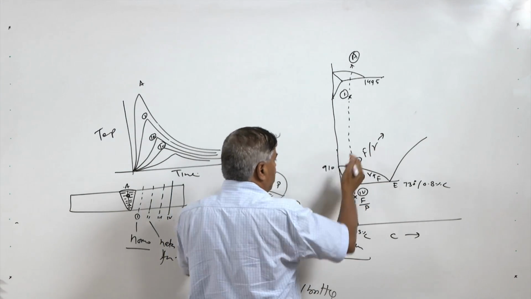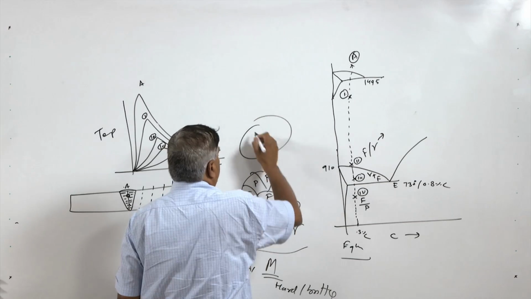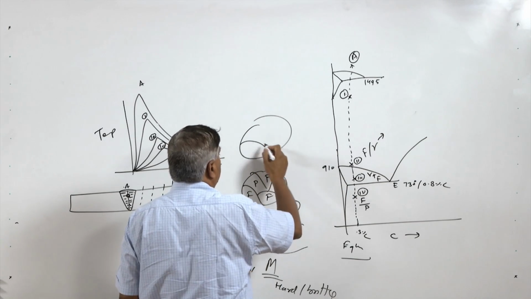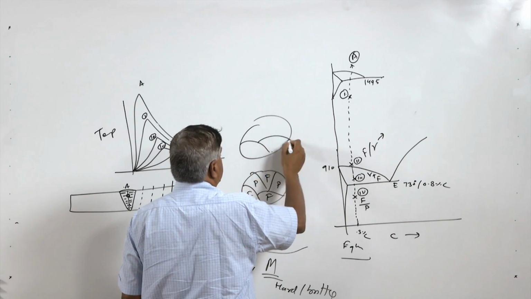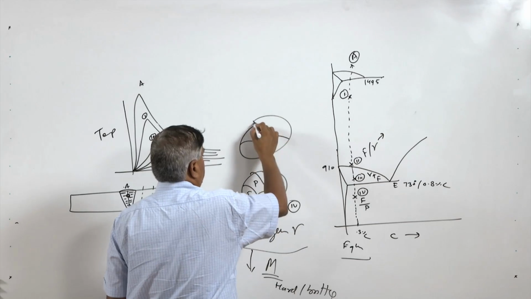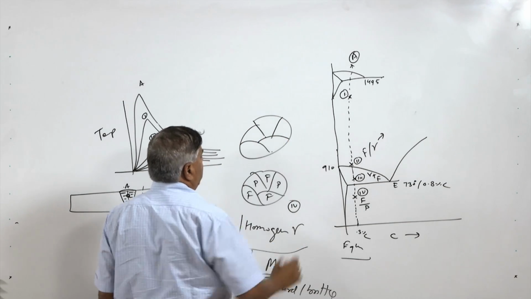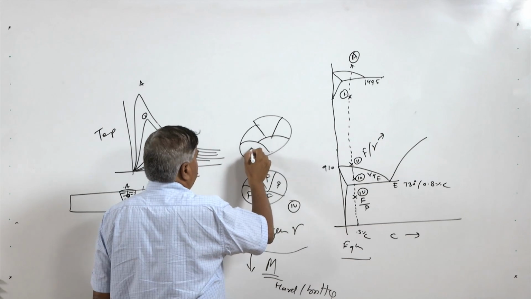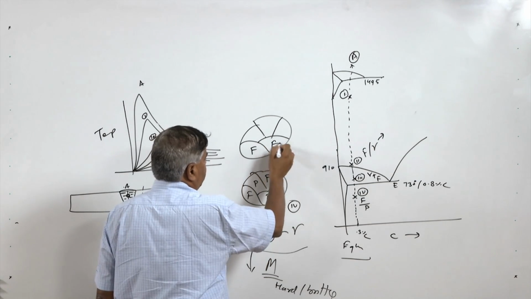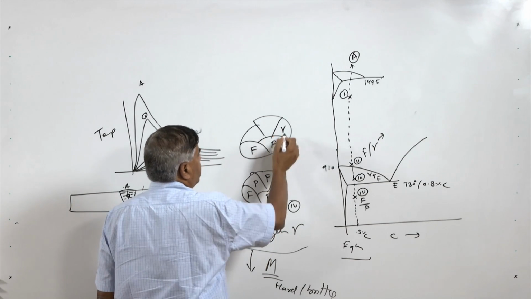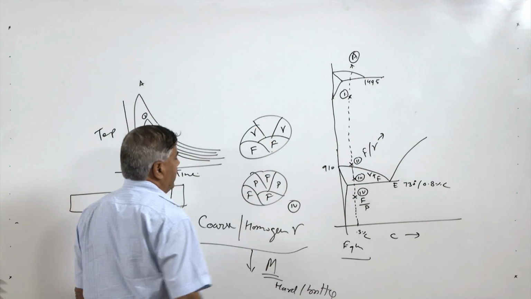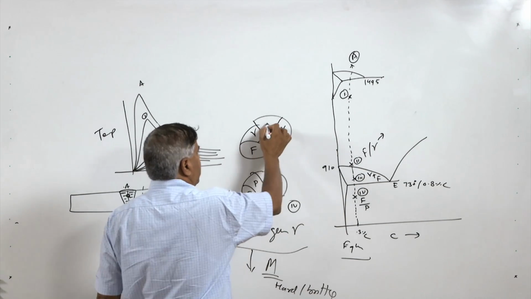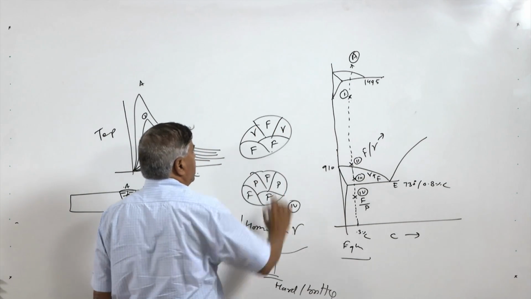When we heat it to point 3, all our grains corresponding to the pearlite will be transformed into austenite. So this remains ferrite, this remains ferrite, here pearlite transforms into austenite, here pearlite transforms into austenite, and this grain again remains ferrite.